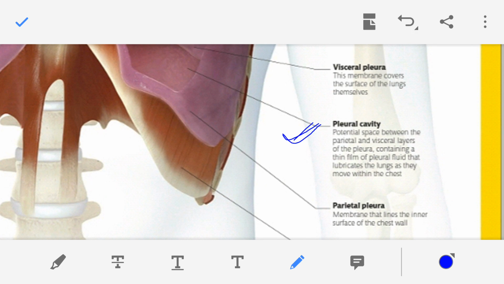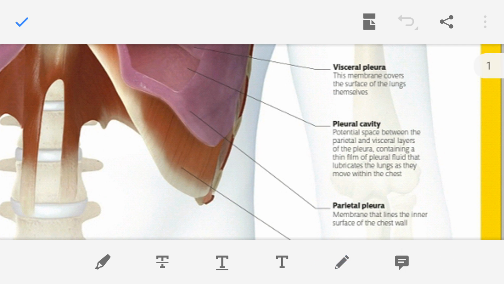Here they are writing that it is the potential space between the parietal and visceral layers of the pleura. This cavity contains a thin film of pleural fluid, and this fluid lubricates the lung when we are breathing.